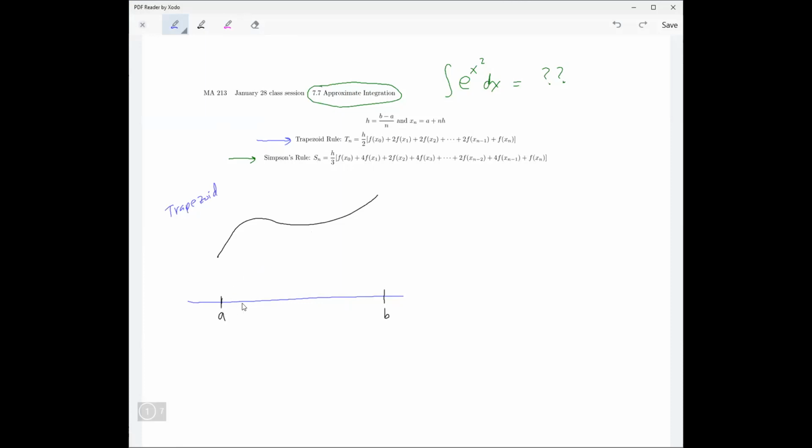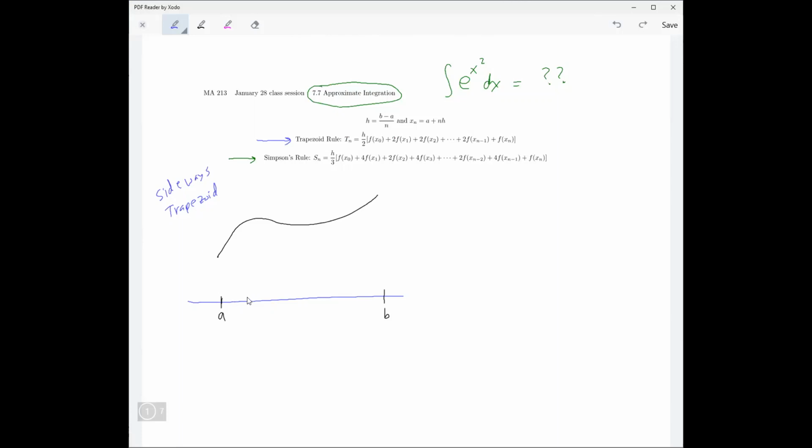I like to actually call it the sideways trapezoid rule, because it's a sideways trapezoid.